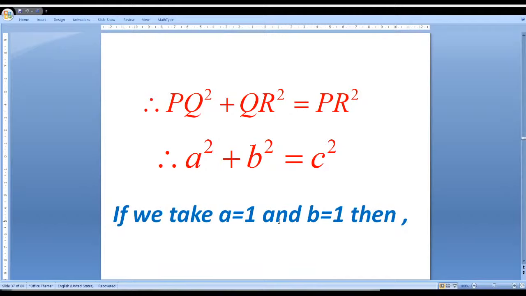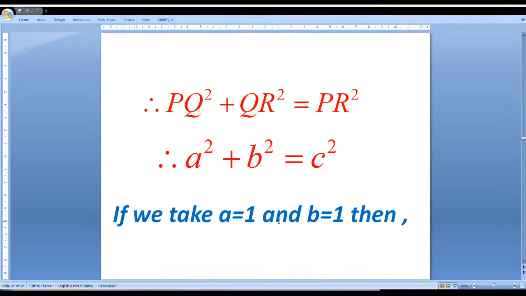PQ is equal to a, therefore a square, QR is equal to b, therefore b square, PR is equal to c, therefore c square. That means from the Pythagoras theorem, a square plus b square is equal to c square.